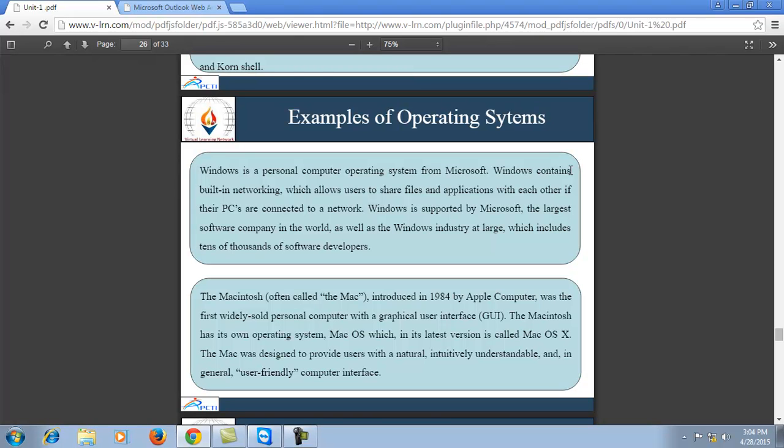It was the first widely sold personal computer with a graphical user interface and its own operating system, which in its latest version is called Mac OS X. The Mac was designed to provide users with a natural, intuitively understandable and generally user-friendly computer interface, which helps them to execute their tasks in the same manner as the previous versions of operating systems, with high efficiency and execution time.